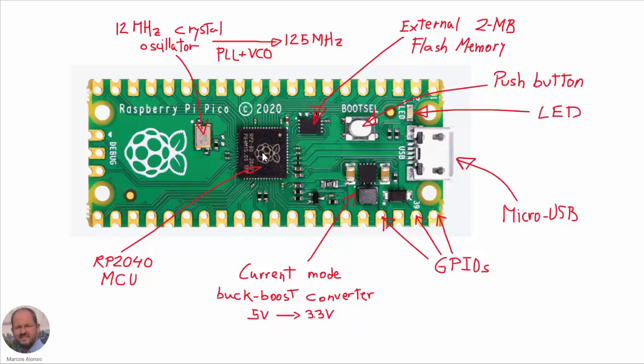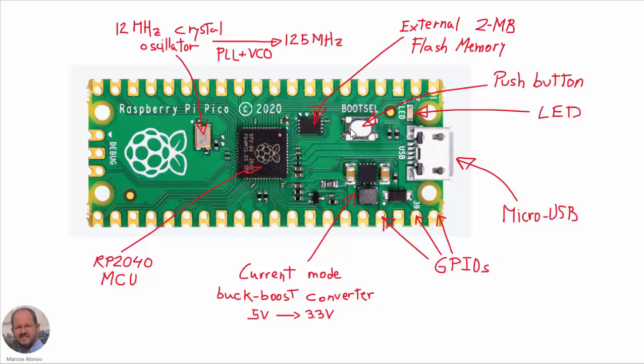the microcontroller unit. Here in this part we have the power supply to convert the 5 volts coming through the micro USB into 3.3 volts to supply the microcontroller unit. As we are going to see, this is a current mode buck boost converter. Then we have the pins corresponding to the GPIOs surrounding the board.